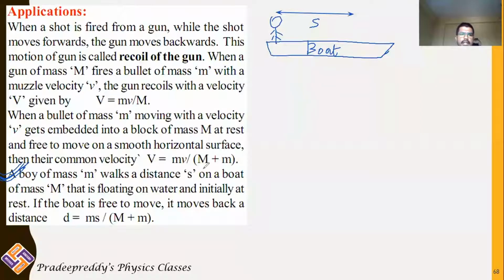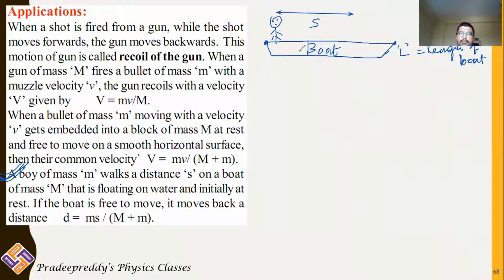So we are coming to the next example, application of conservation of momentum. In this example, we have a boat. This boat has some length L. It may be a very large value or a very small value. That means from here to here, its length is L. L is the length of the boat. And the person is resting on this boat initially.